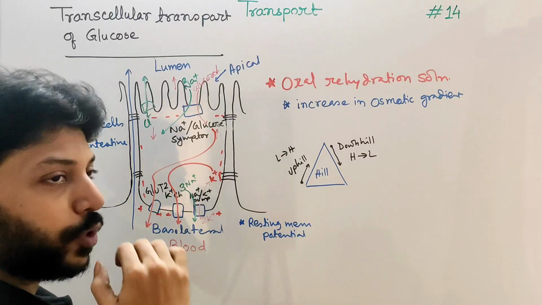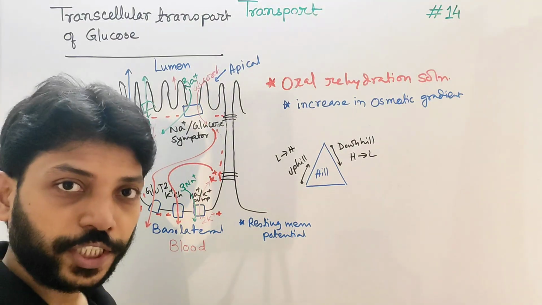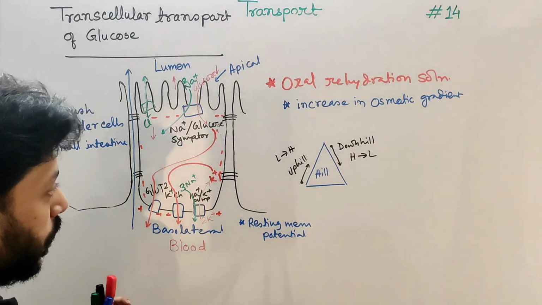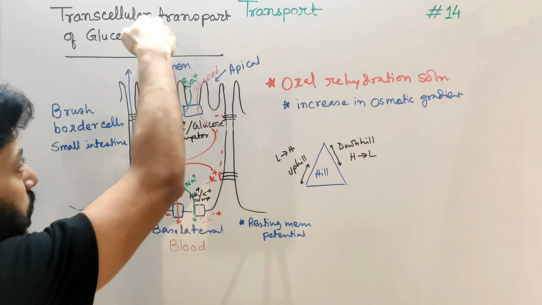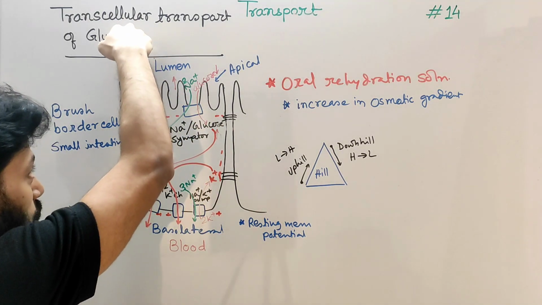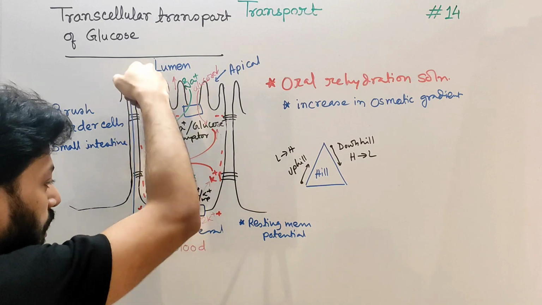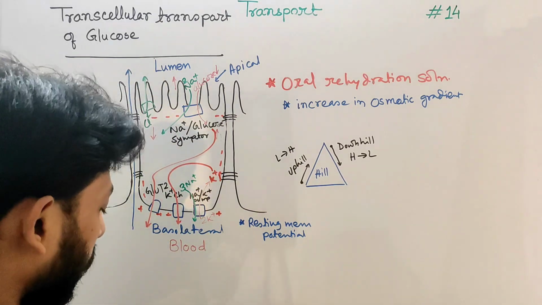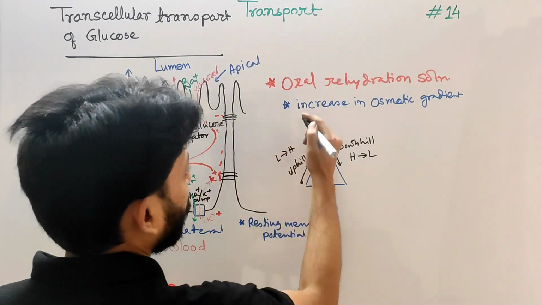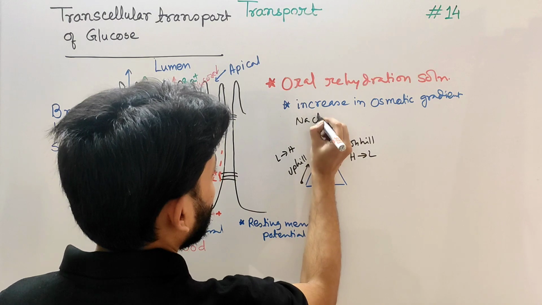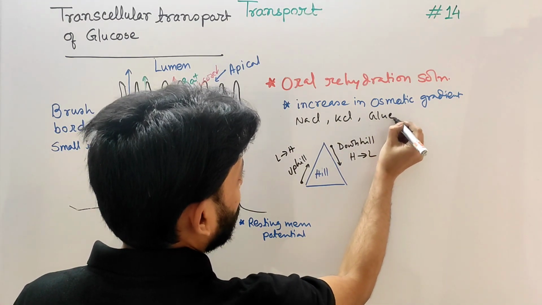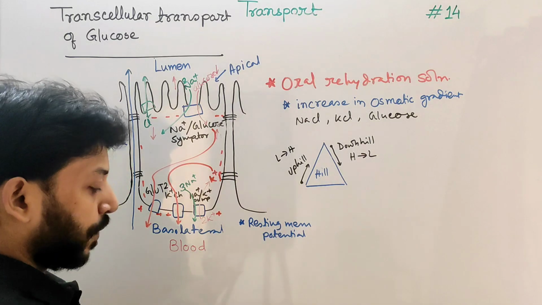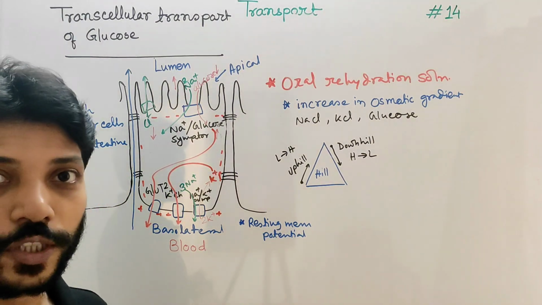So when sodium, chlorine, potassium, glucose, these molecules and ions are at higher concentration inside, then water flows through this tight junction into the blood. So in the oral rehydration solution, sodium chloride, potassium chloride, and glucose are mixed and dissolved into the water.